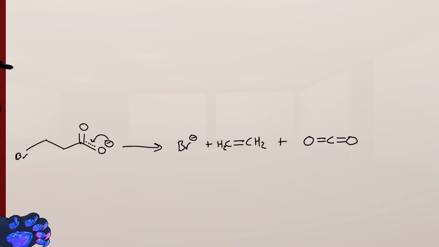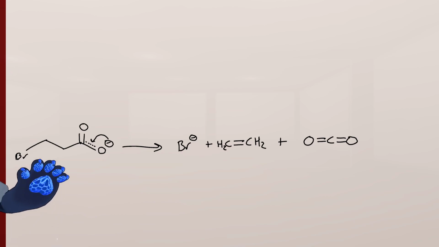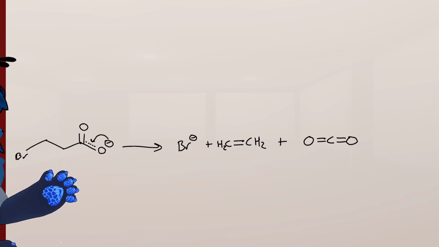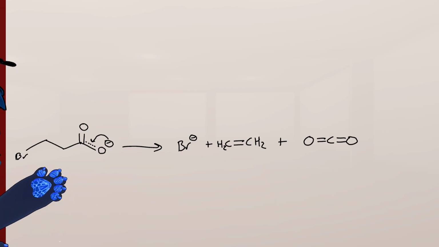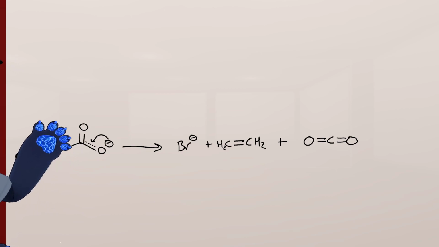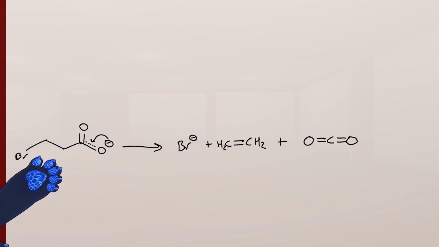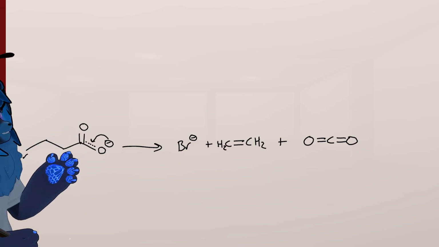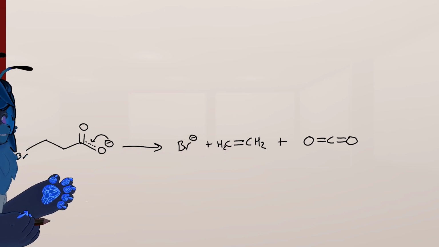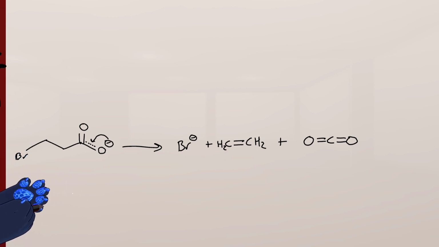So it's not there yet, it's just forming. Well, that carbon is going to become pentavalent, and we can't have that. So, how do we avoid this problem? Do we push the electrons up here? No, we wouldn't want to do that, because then we're just creating a negative charge on the other oxygen. And we don't want that, because we'll get the same problem.